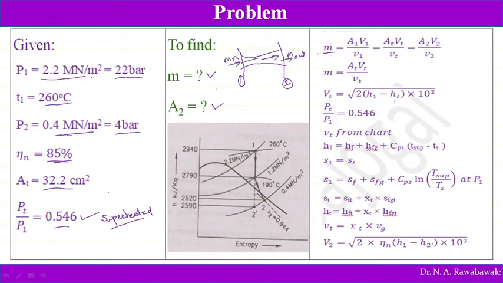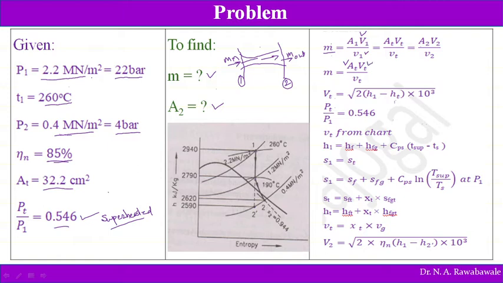This is called the continuity equation in terms of mass. The mass flow rate at inlet is given by A1 V1 divided by small v1, where capital V1 is velocity and small v1 is specific volume. That is equal to AT Vt divided by small vt, and that is equal to A2 V2 divided by small v2.